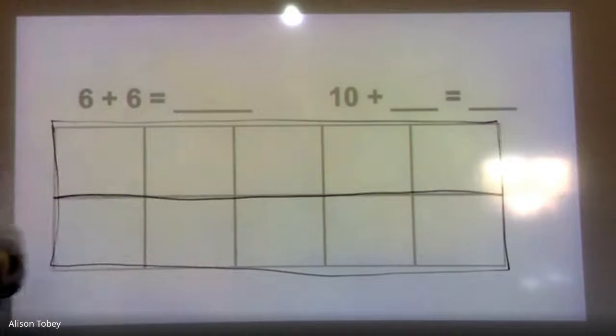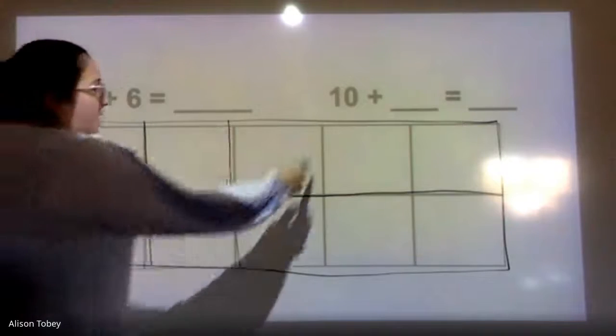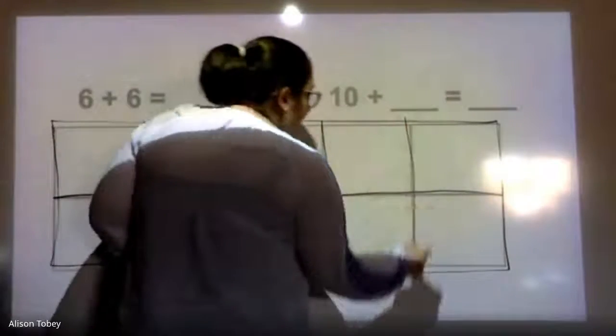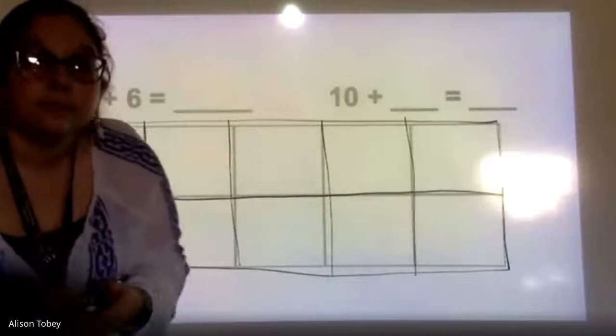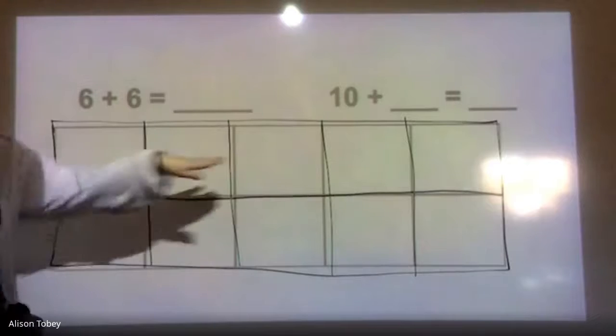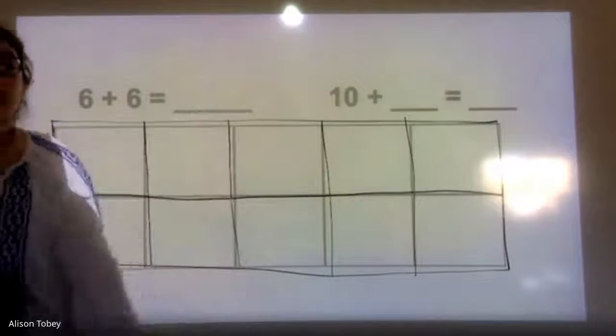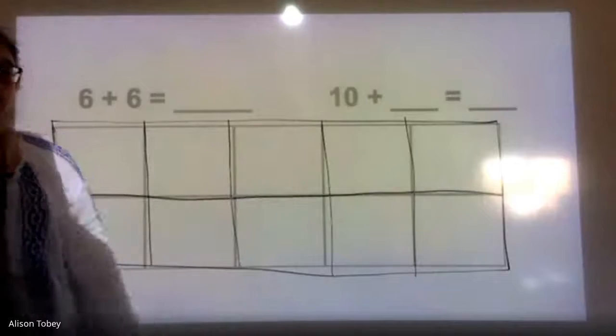And then you're going to go 1, 2, 3. Are we supposed to write that? Yep, you're drawing this right now. So you're going to draw a rectangle, a line through the middle, and then 1, 2, 3, 4.